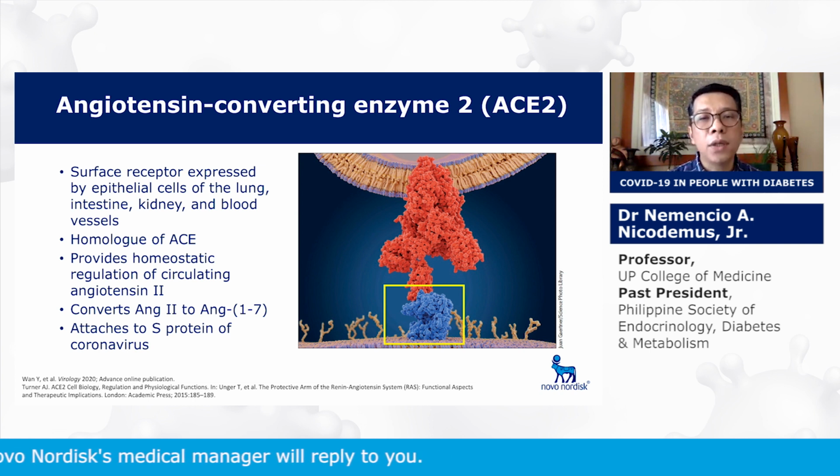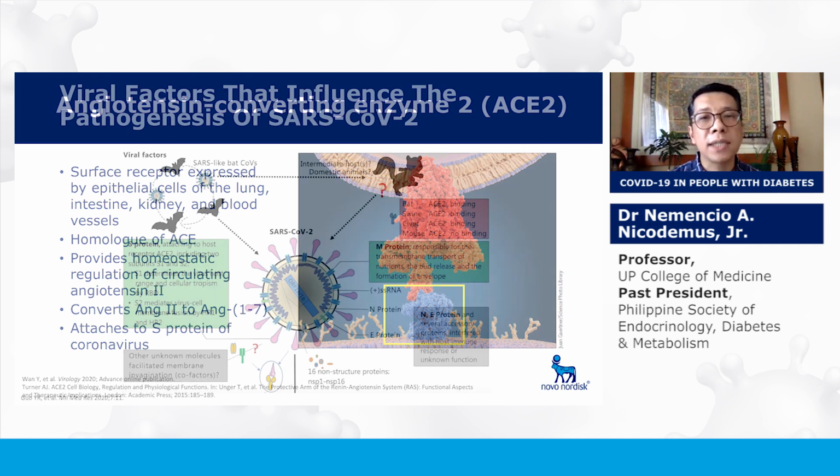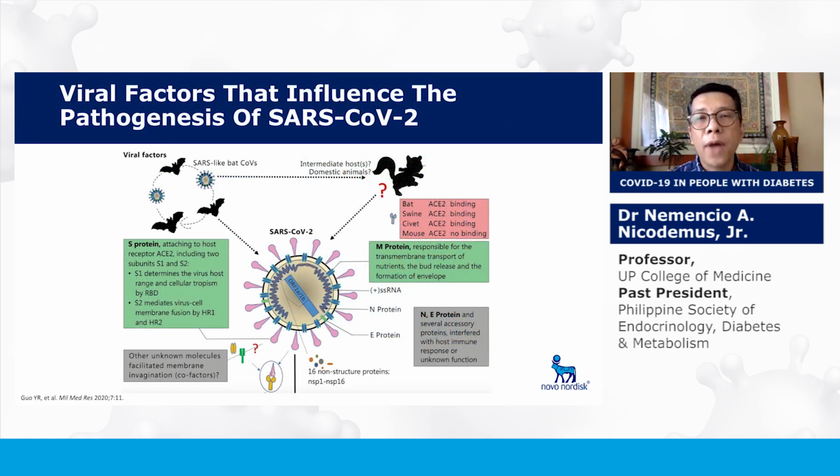But a human will not be easily affected or even infected by viruses if there aren't any factors that increase the pathogenesis of this particular disease. There are viral factors that influence the pathogenesis of SARS-CoV-2, and first and foremost of this is the presence of the S protein.